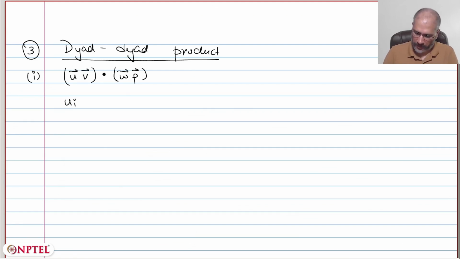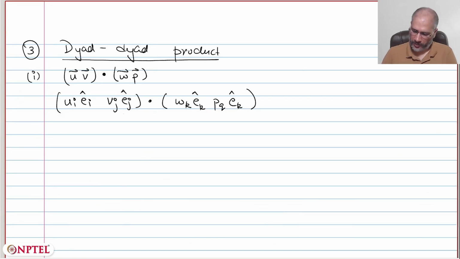So let's write in the indicial notation u_i e_i v_j e_j dotted with w_k e_k and p_q e_q. So in this case, the dot happens between adjacent vectors. So let's move all the scalar components to the left. So u_i v_j w_k and p_q, and then we have, let's follow the order.